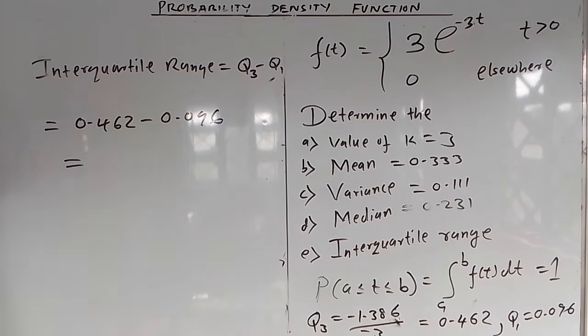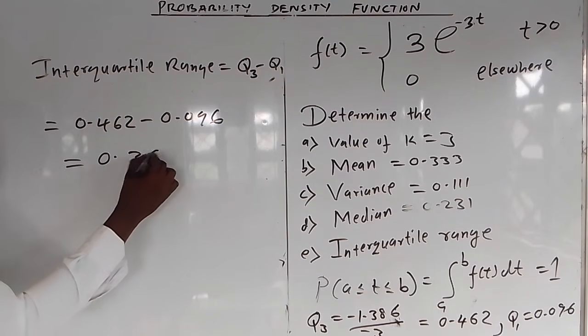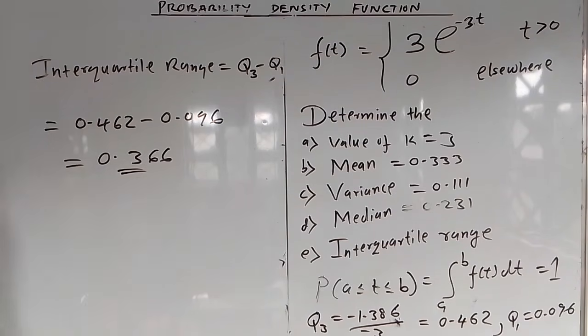So in the end, what do you get? 0.366. So that is the interquartile range. If they say it's a semi-interquartile range, you divide by 2, isn't it? And what is that? It's the quartile deviation. Are you seeing that?